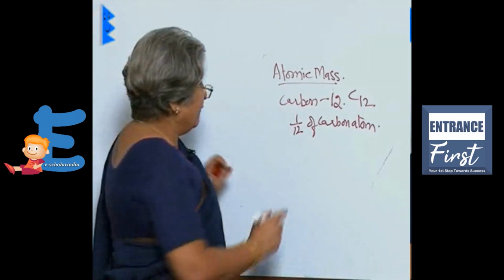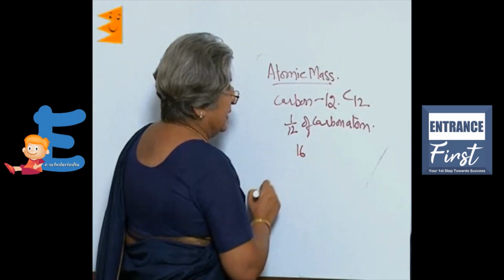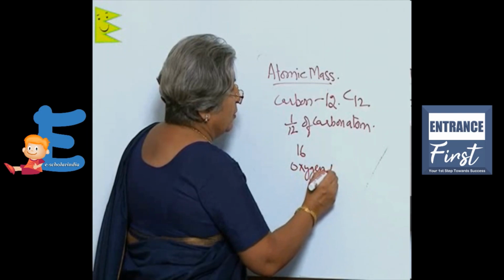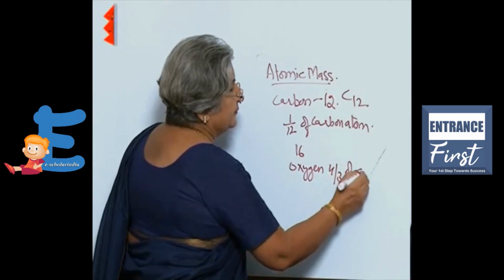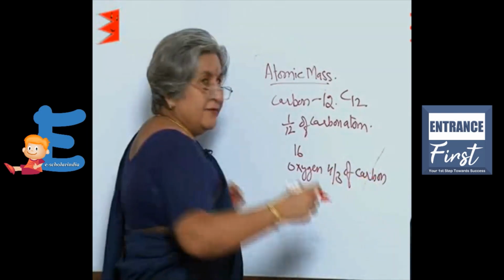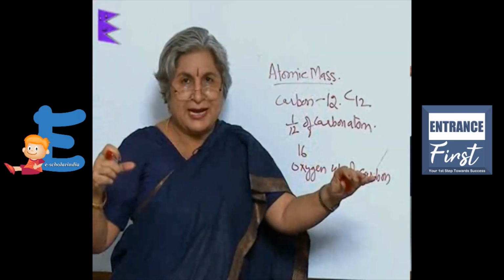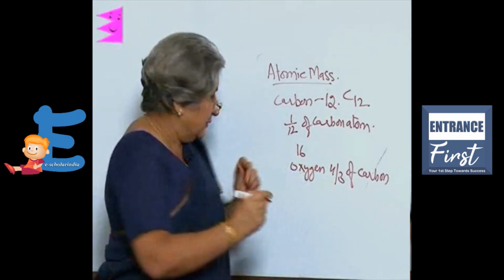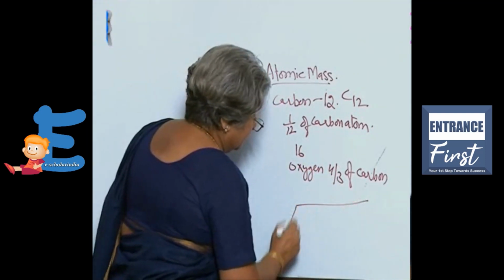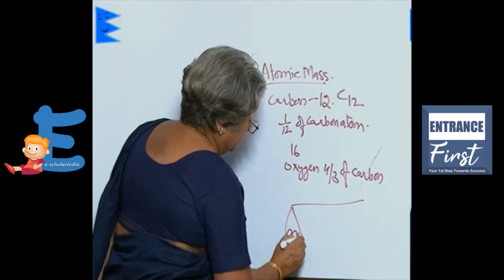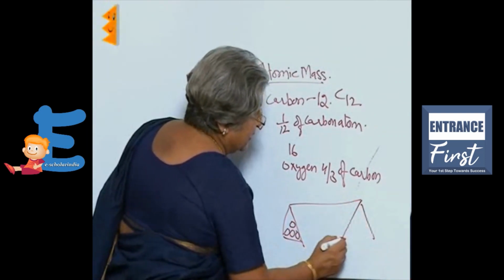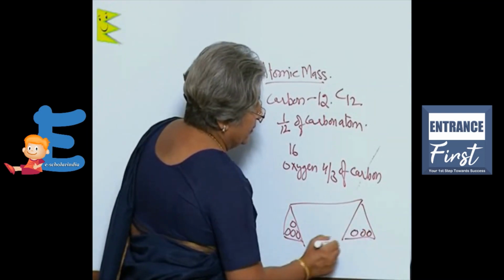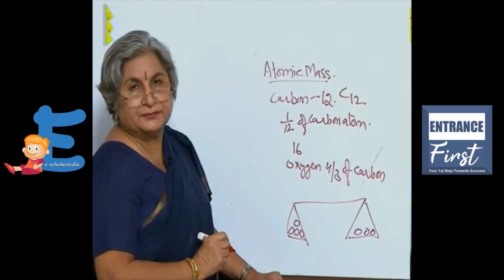So we can say if oxygen atomic mass is 16, then that means oxygen is 4/3 of carbon. Or if you are going to weigh, if on one side you keep say 4 atoms of oxygen, then on this side if you want to weigh it with carbon, there will be 3 of carbon.